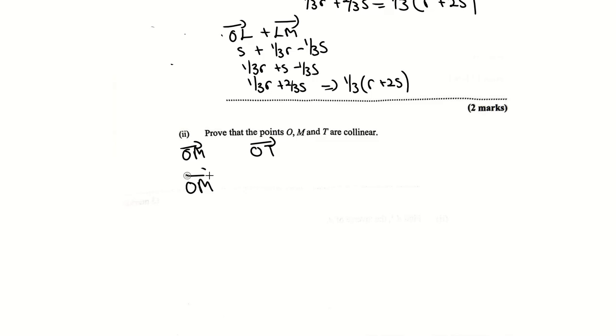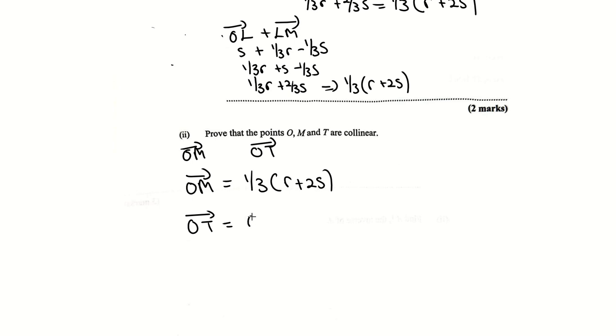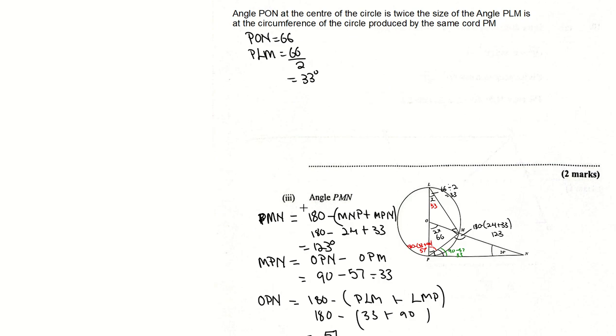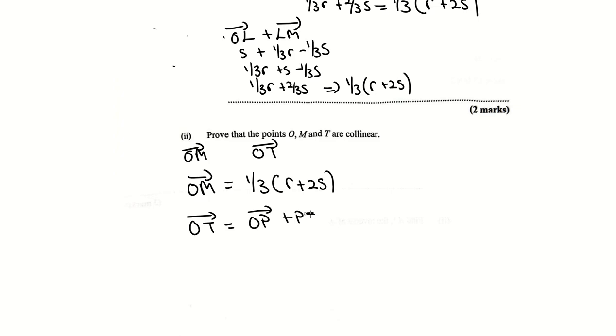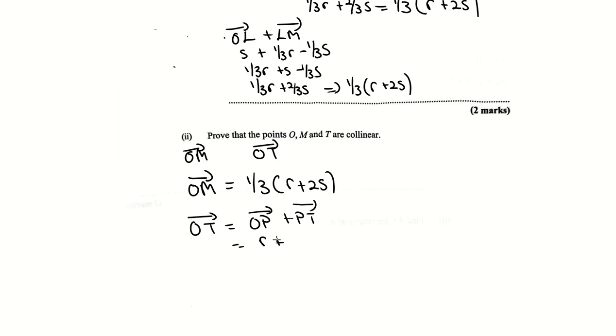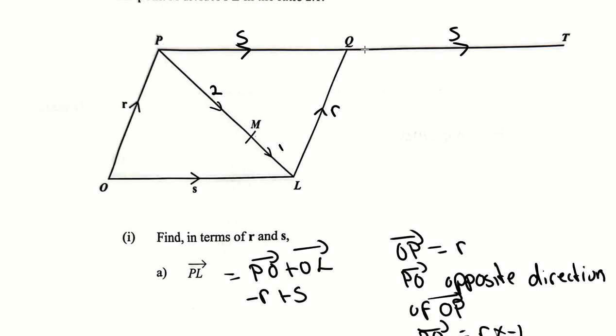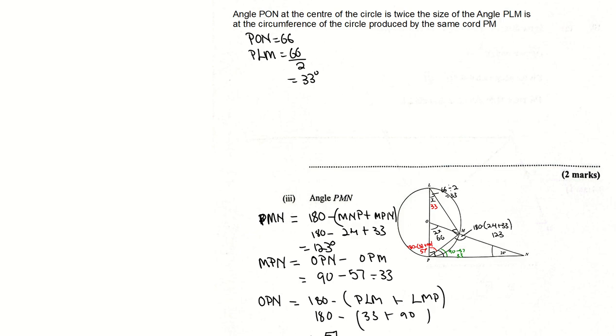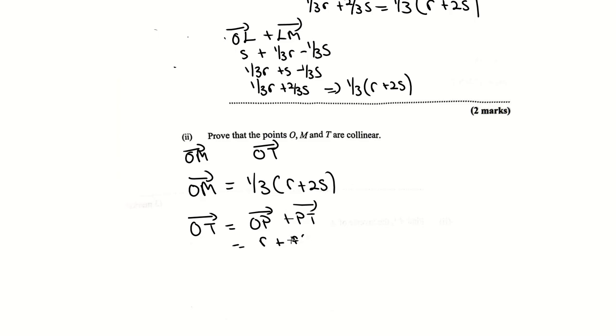So OM is equal to 1/3 R plus 2S, and OT is equal to OP plus PT. We know OP is R plus PT, although you're not seeing it. P to Q is S and Q to T is S. So how many S's is that? That's 2S. So plus 2S.